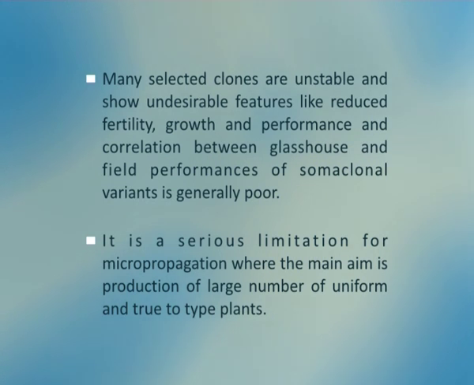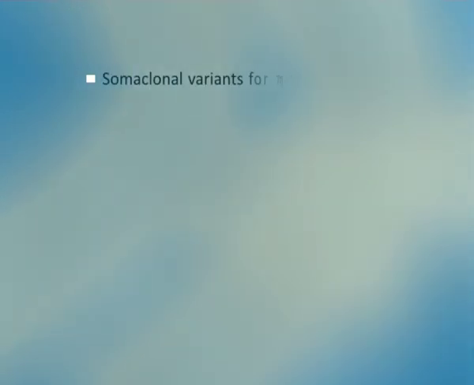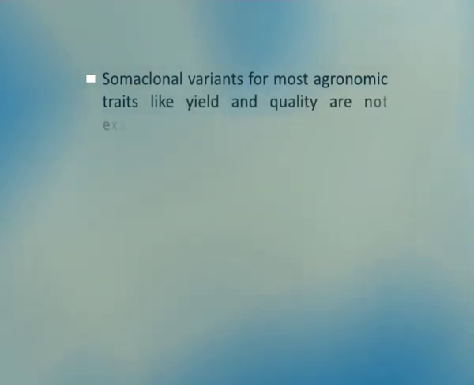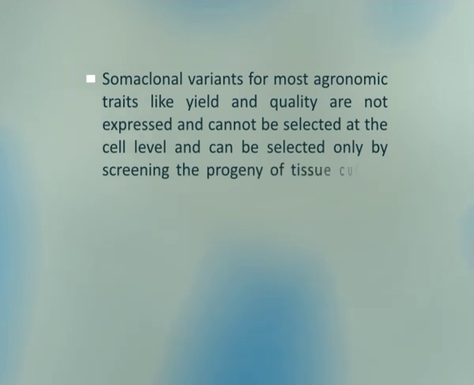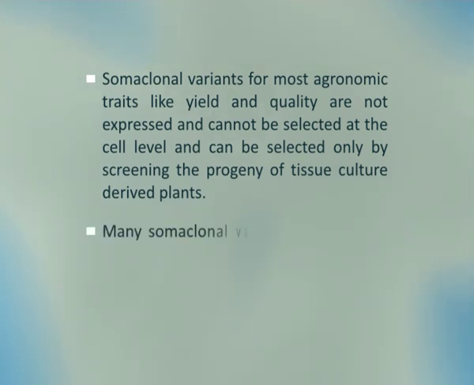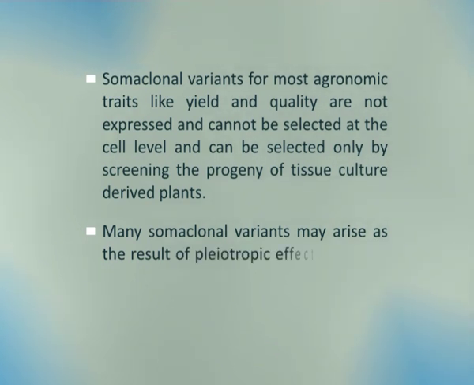The fifth limitation is somaclonal variants for most agronomic traits like yield and quality are not expressed and cannot be selected at the cell level and can be selected only by screening the progeny of tissue culture derived plants. The next limitation is many somaclonal variants may arise as the result of pleiotropic effects and may not be true variants.